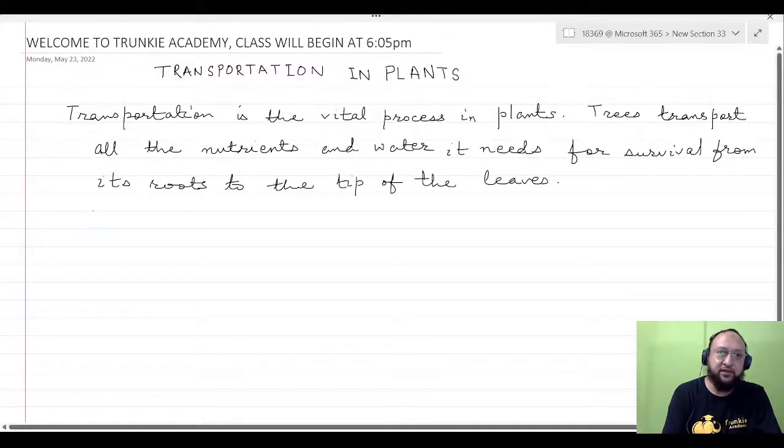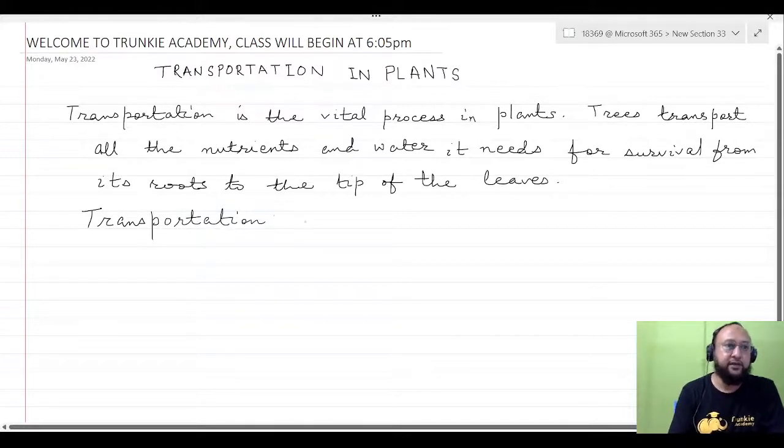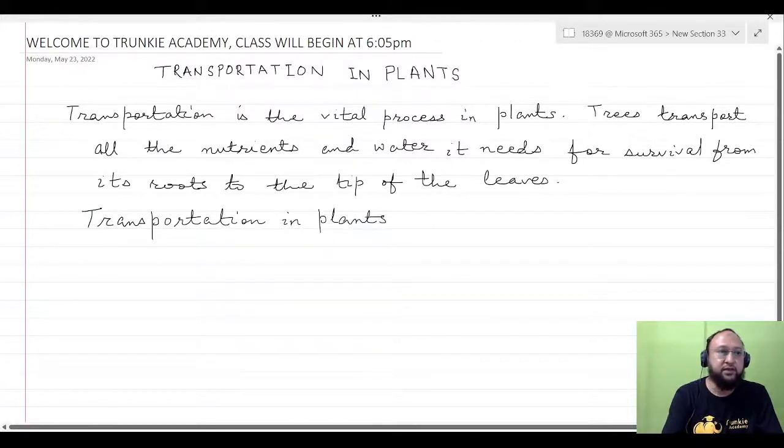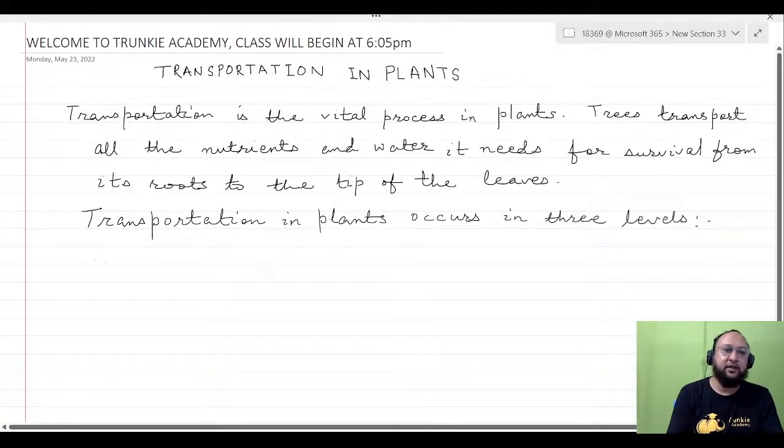In case of plants, the transportation occurs at three levels. What are those?